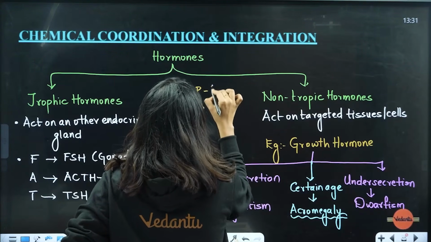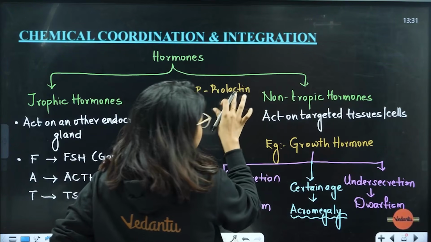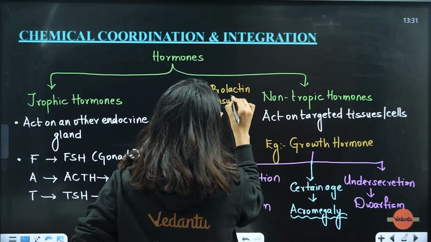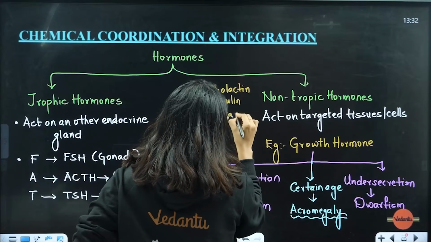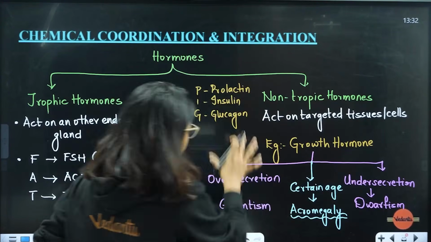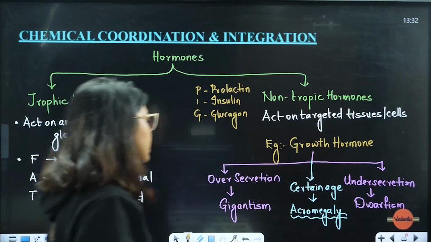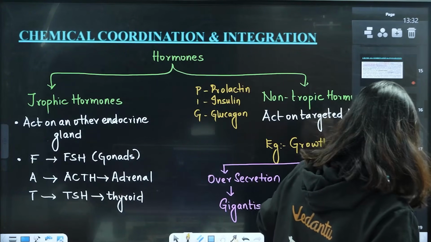Fat pig you can remember, because prolactin is affecting the mammary glands. So fat pig you can remember as the example. This is understood, right?